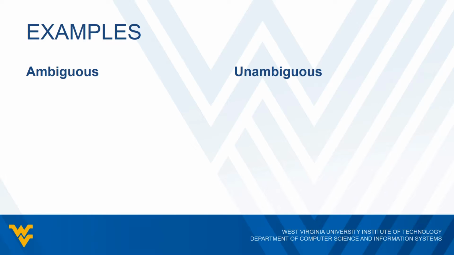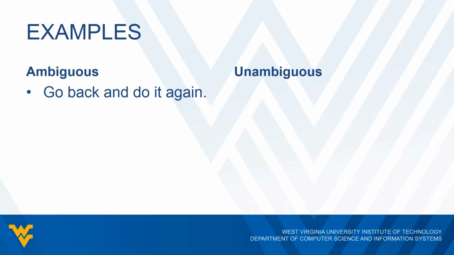Let's take a look at some examples of ambiguous and unambiguous statements. That way we can see how numbers can help give us an order and more precise steps for our algorithms. An ambiguous instruction would be: go back and do it again. Go back where? We don't know. And when we say do it again, what part do we do again?